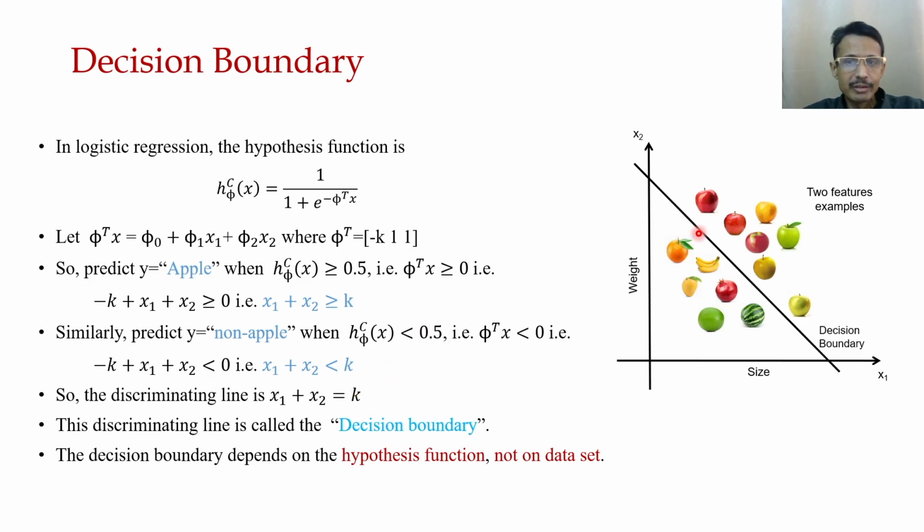But one thing is very important to understand here: this decision boundary depends on the hypothesis function, not on the data set. Just for example, in this particular example the data are linearly separable.